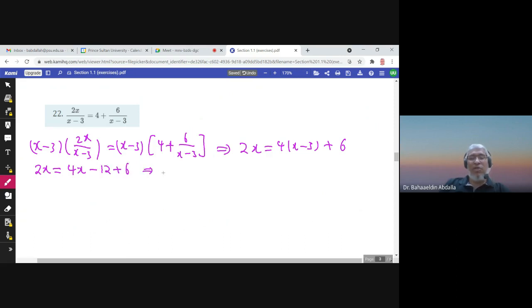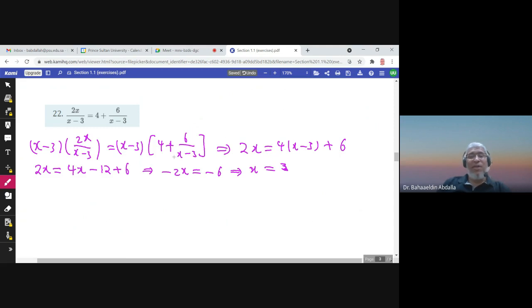I'll take 4x to the other side. So I'll have negative 2x minus 4x, and negative 12 plus 6 is negative 6. So x would be negative 6 over negative 2, which is 3. But pay attention, 3 is a solution of this equation.